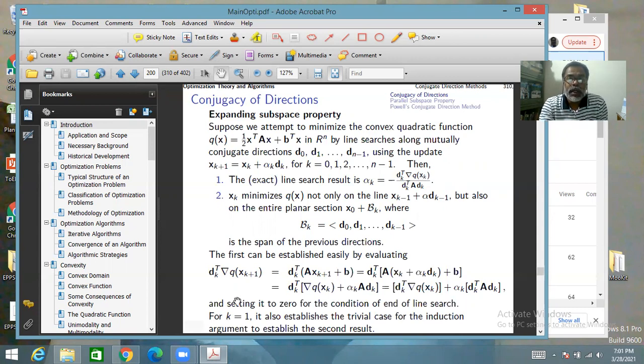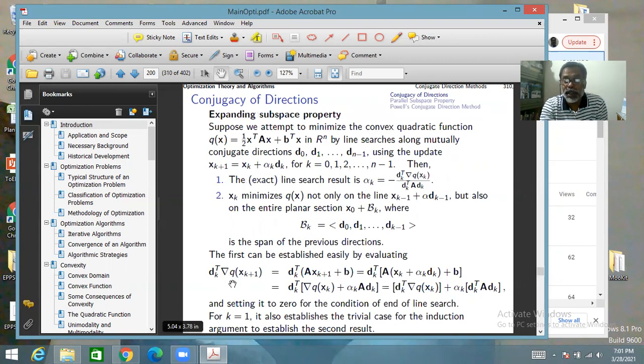Now, for this one we can see clearly how it works. Say after the line search starting from xk along direction dk, the result is alpha k. At the end of that step, wherever we reach, that is xk plus 1, if you evaluate the gradient at that point, that must be orthogonal to the current direction.